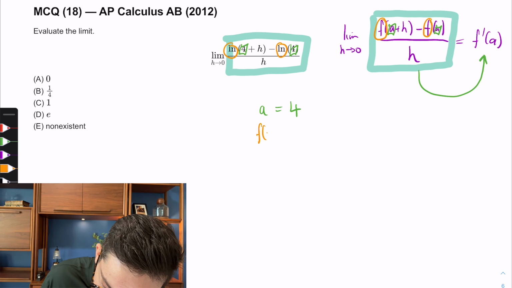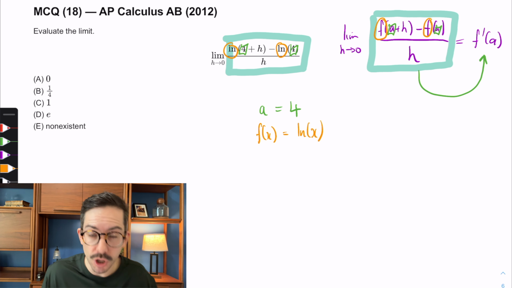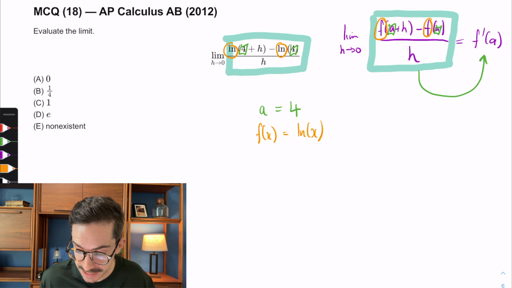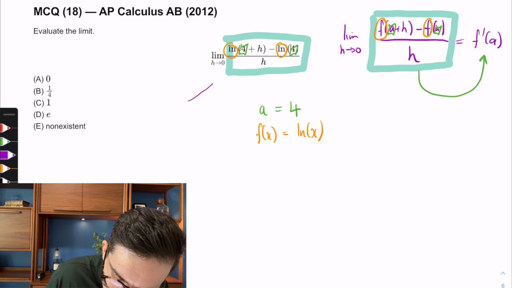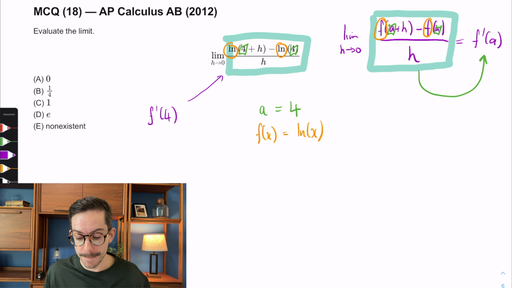So that suggests that the function that I want to be looking at is just the natural log function. Well, that's all there is to do it. It suggests that this limit is going to be f prime of 4, where f is the natural log function.